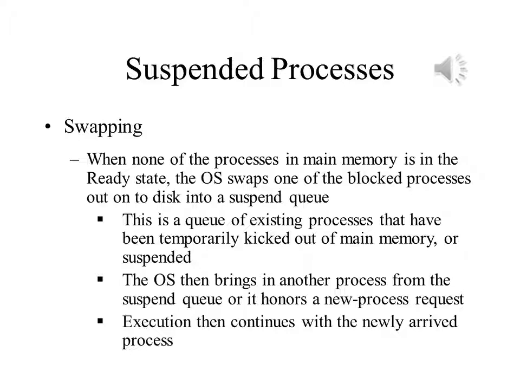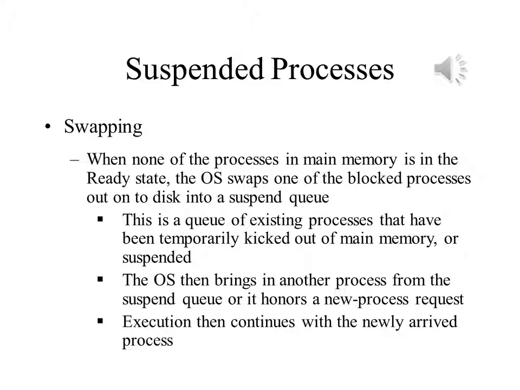Another solution is swapping, which involves moving part or all of a process from main memory to disk. When none of the processes in main memory is in the ready state, the operating system swaps one of the blocked processes out onto disk in a suspend queue.